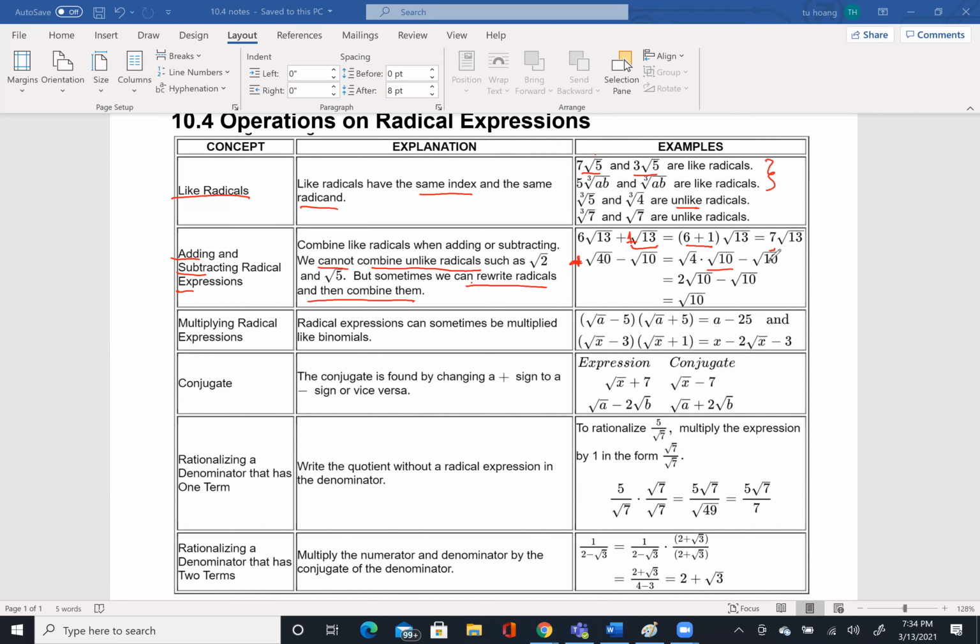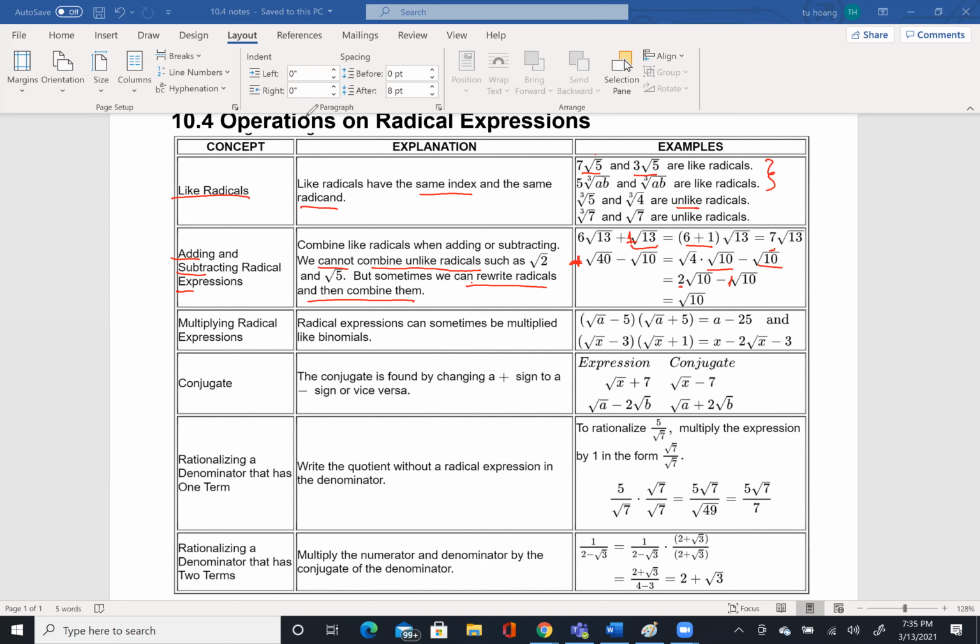And then you can combine these two by simplifying the square root 4 to become 2, right? And then 2 square root 10 minus 1 square root 10 is just square root 10. Okay, so that is a way of adding and subtracting radicals.